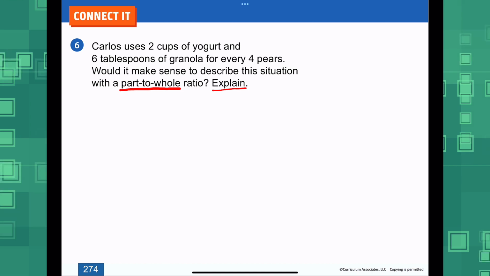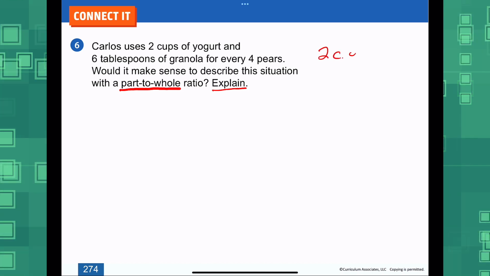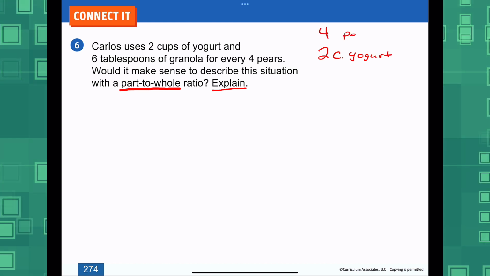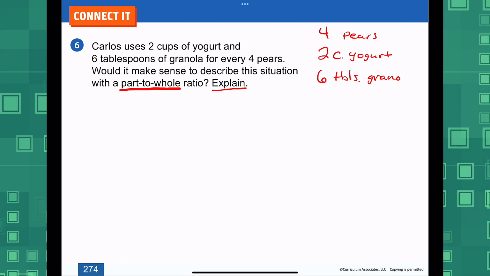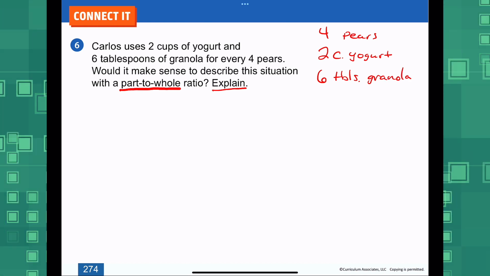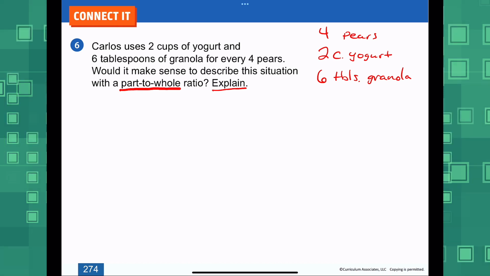Remember, in our very beginning, we had 2 cups of yogurt for every 4 pears and 6 tablespoons of granola. Does it make sense to talk about a part to whole comparison or ratio with these ingredients?